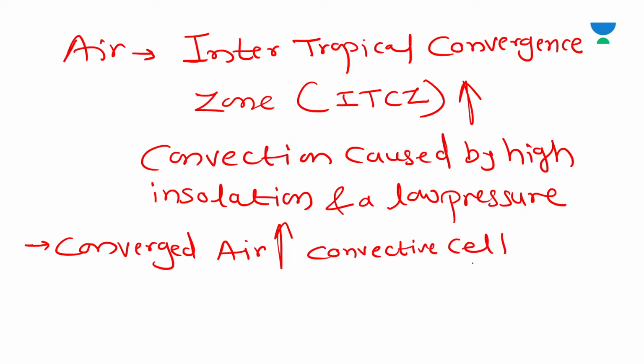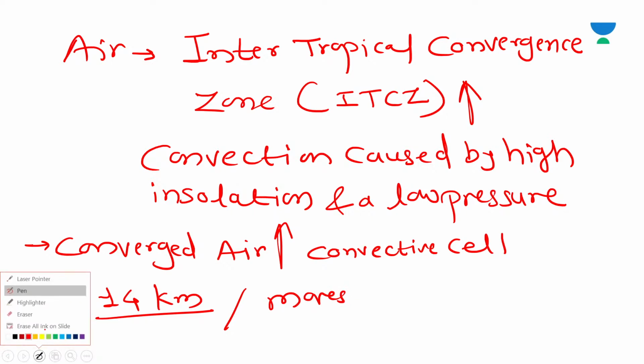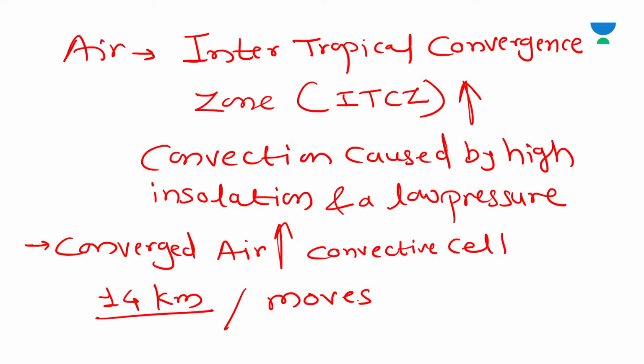Now it reaches the top of the troposphere up to an altitude of 14 kilometers and moves towards the poles.